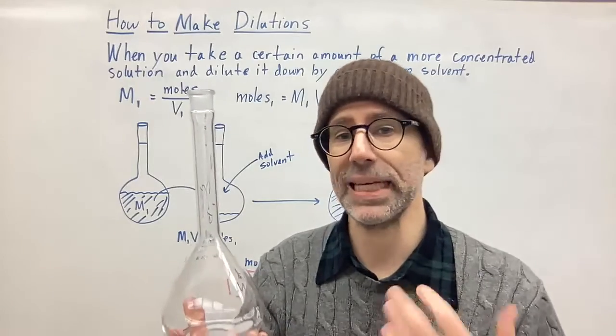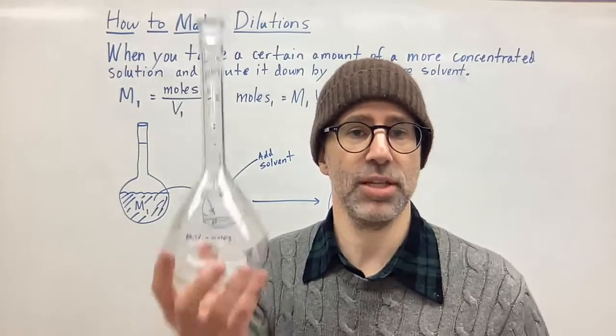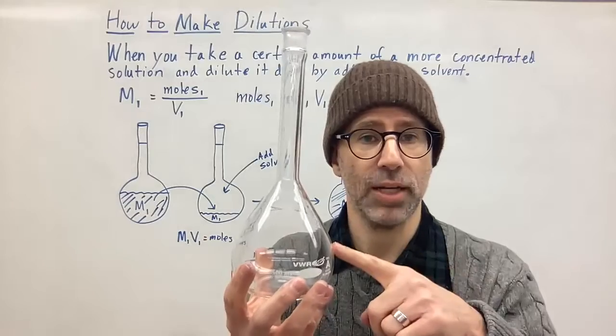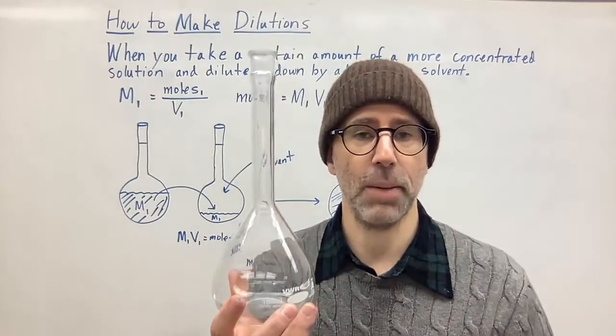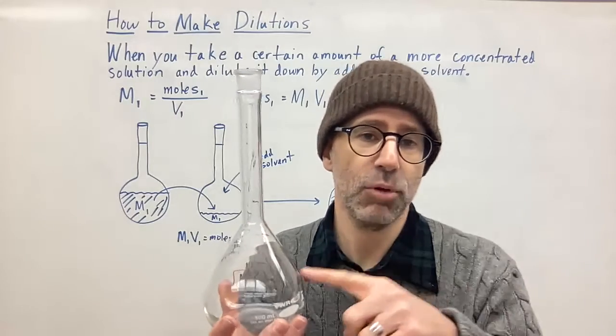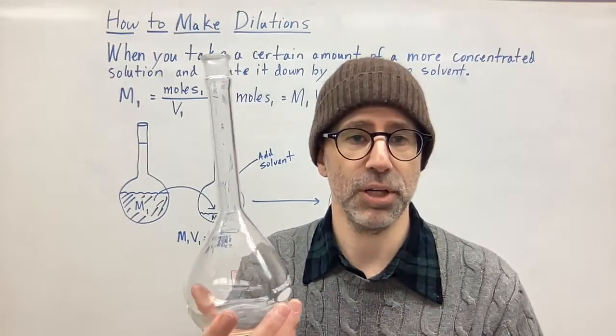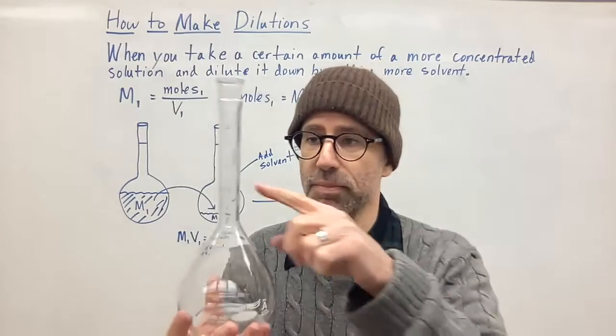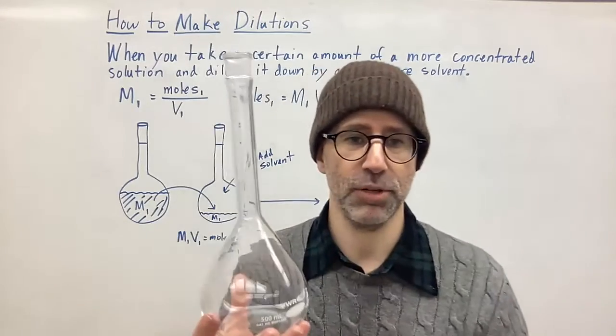So if I want to make a liter of this more dilute solution, then I better have a 1 liter volumetric flask. If I want to make 100 milliliters of this more dilute solution, then I will have a 100 milliliter flask. In this case, I have a 500 milliliter volumetric flask.